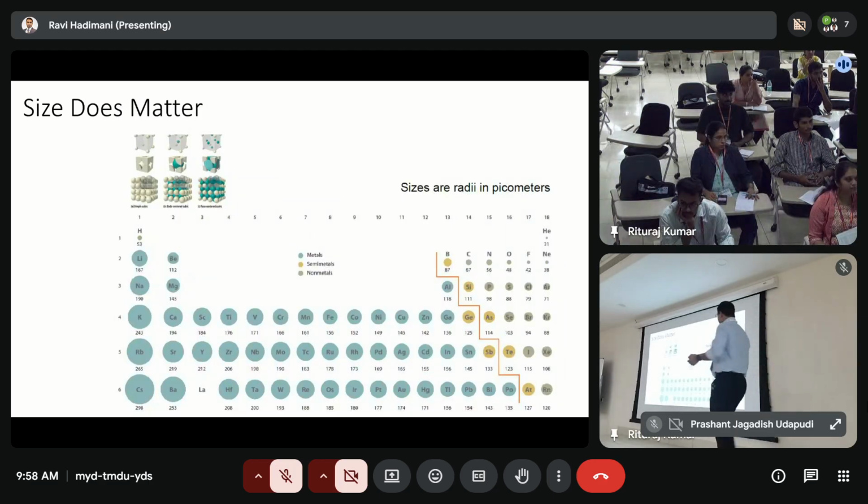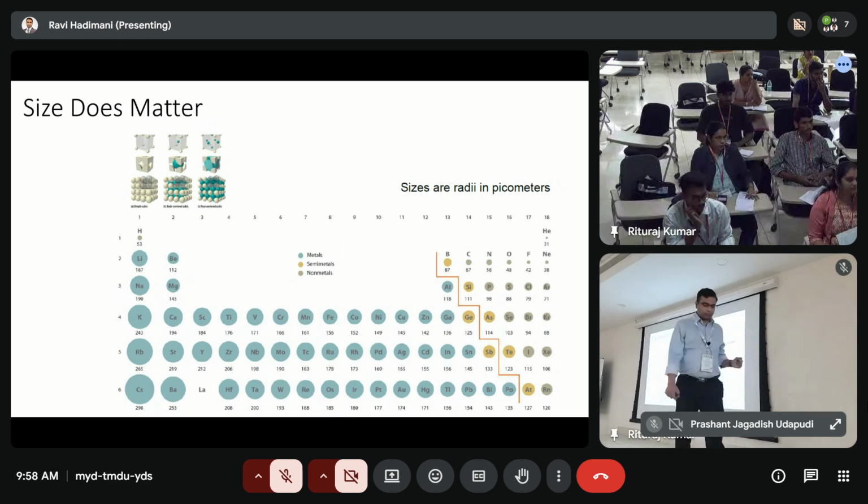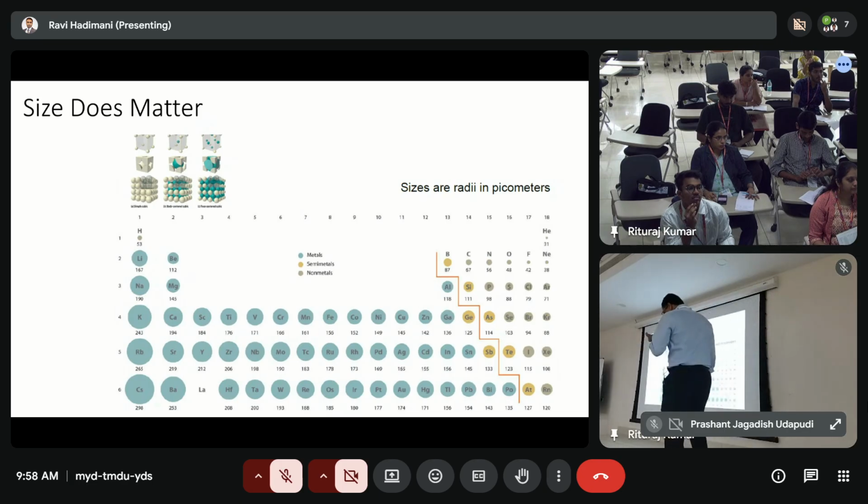So now, when you deposit thin film, you have to deposit on something, right? You can't just get a thin film that's 100 nanometers. It has to sit on something, right?